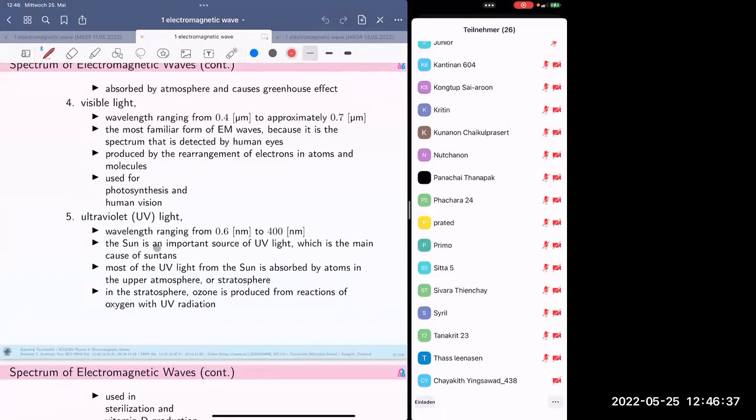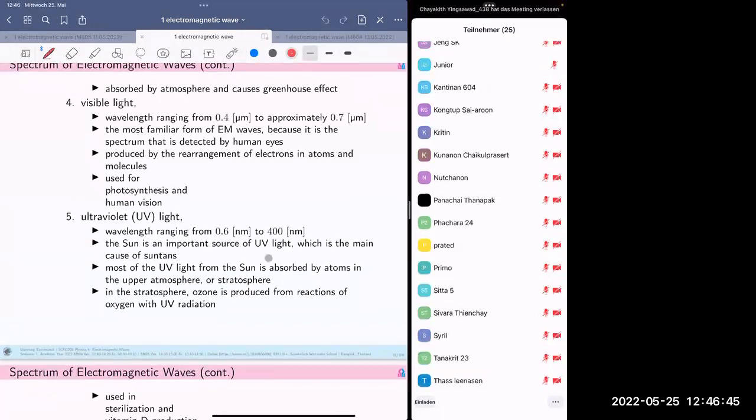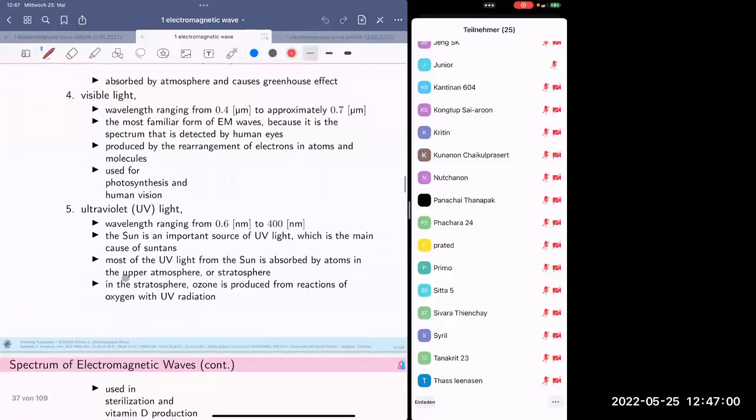Okay, this is the sun, right? The sun, which is the source of the ultraviolet light. And the ultraviolet is the cause of suntans that will burn our skin. All right.